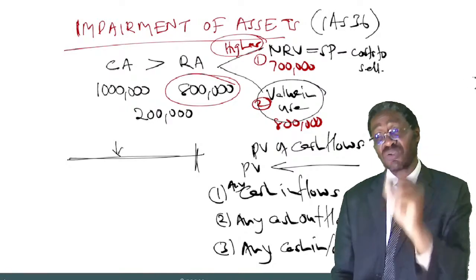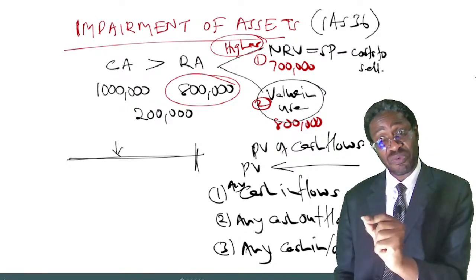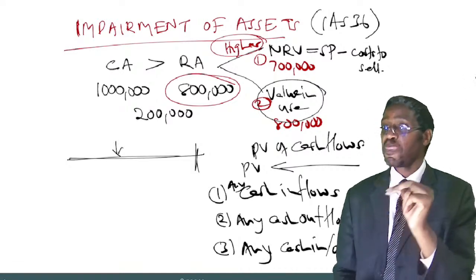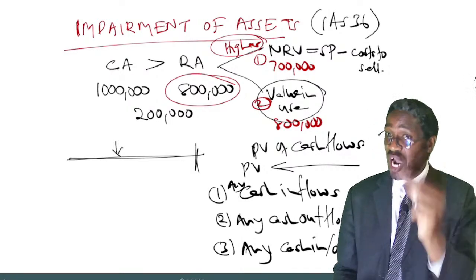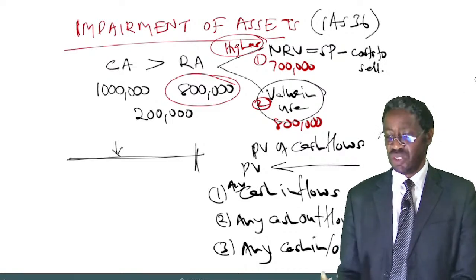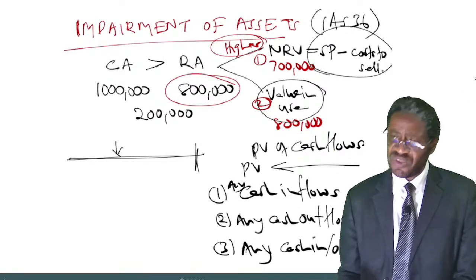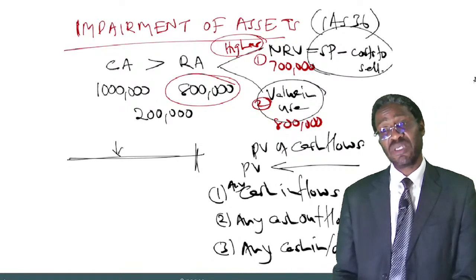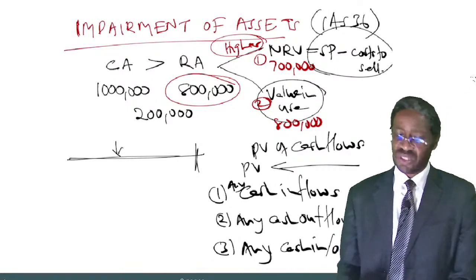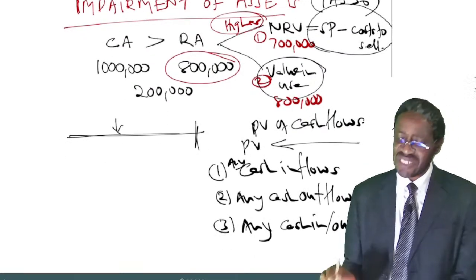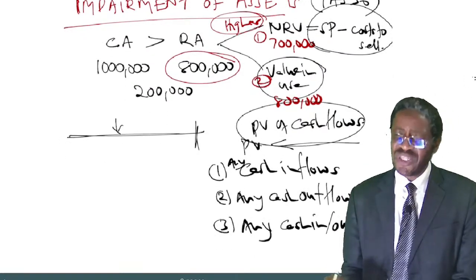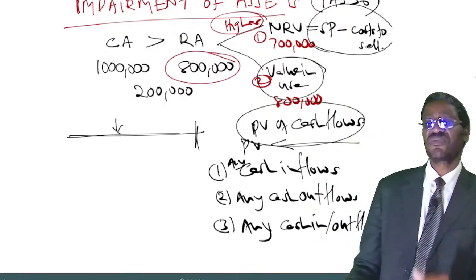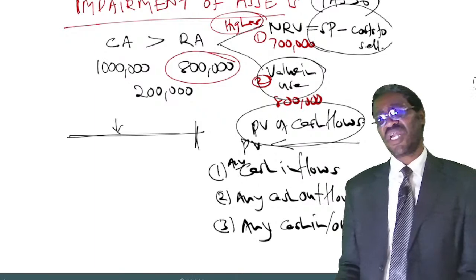It is the amount that is considered to be the higher of 1, net realizable value, 2, value in use. How do you get net realizable value? You take the selling price of the asset and you minus any cost to sell. How do you get value in use? We have said you get the present value of all the estimated future cash flows. Good. So I want us to do an example now.